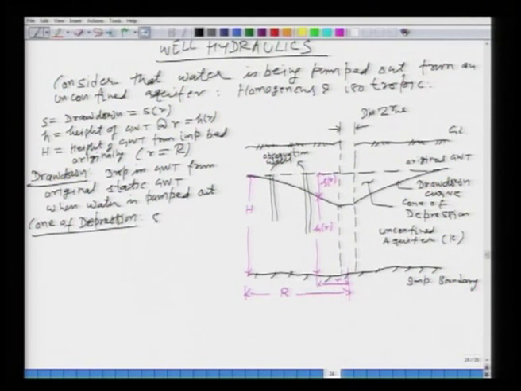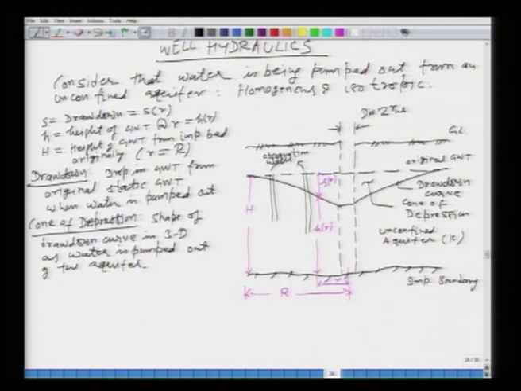So, what we are saying is that the shape of your drawdown curve in 3 dimensions is called the cone of depression, as a result of water being pumped out of the aquifer.